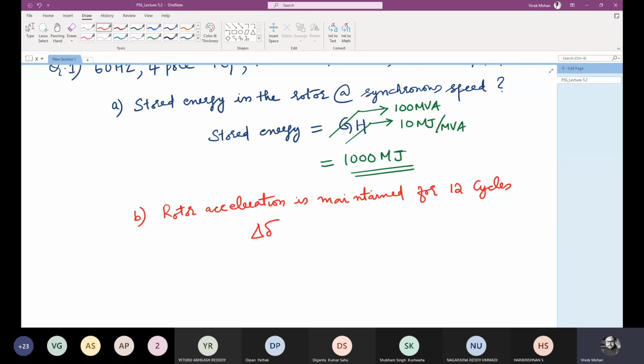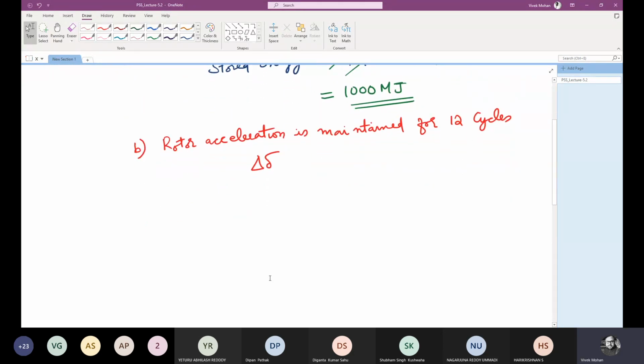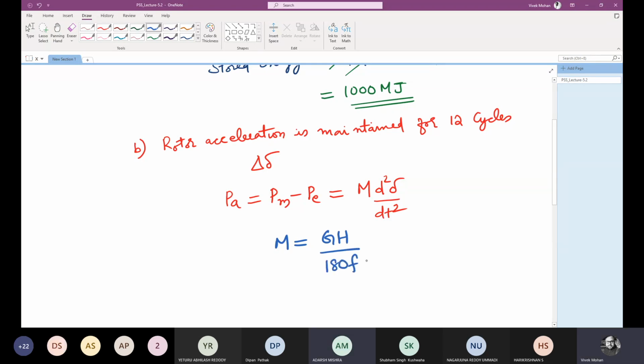Now, how to find the acceleration? What is PA, the accelerating power? PA is equal to PM minus PE equals M d squared del by dt squared. Now, how will you find M? M is GH upon 180F.